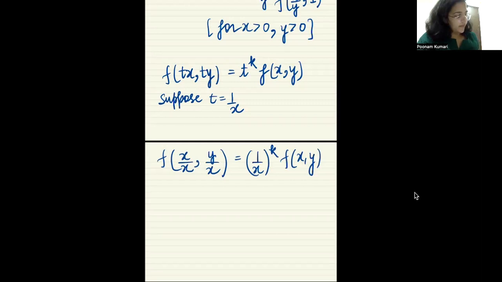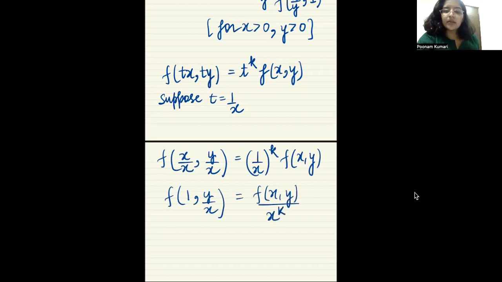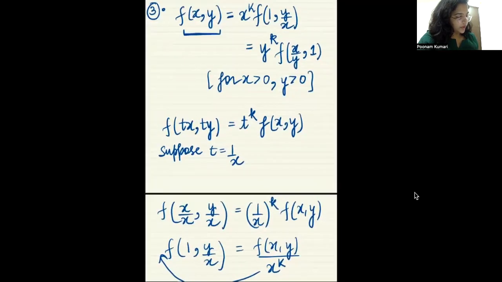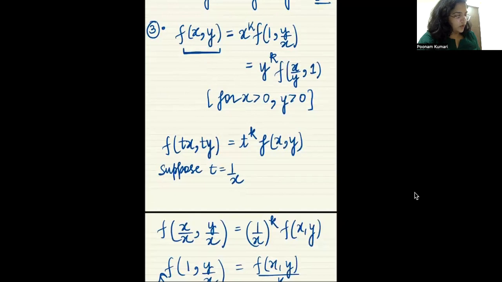Yes, ma'am. Then you can write x by x is 1. So you can say f(1, y/x) is equal to f(x, y) times x raised to the power k, right? And then if you simply multiply this side, what do you get? f(x, y) equals x raised to the power k f(1, y/x), which is nothing but what is written here also.